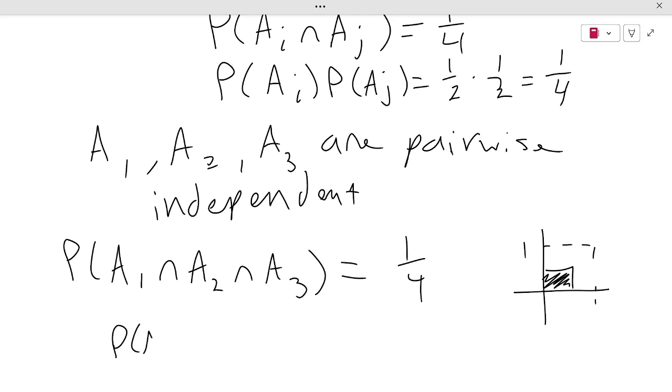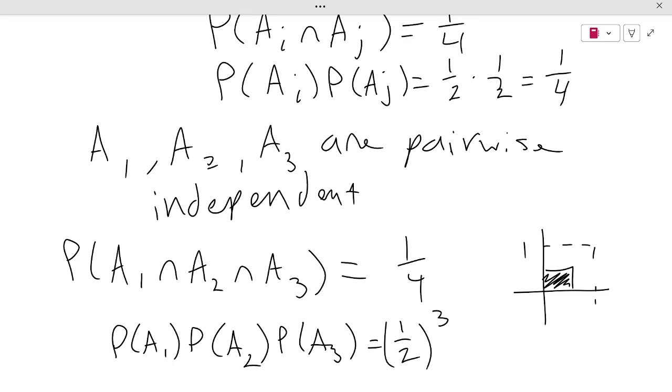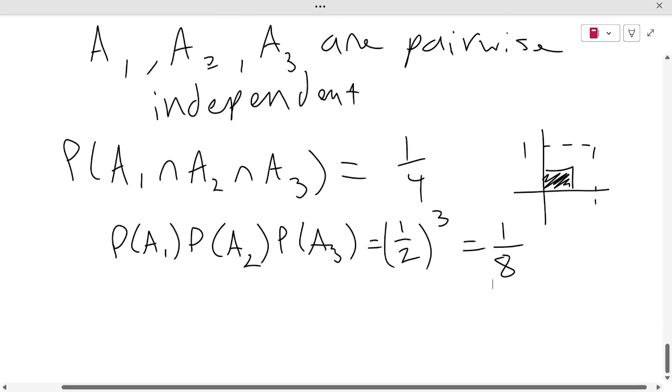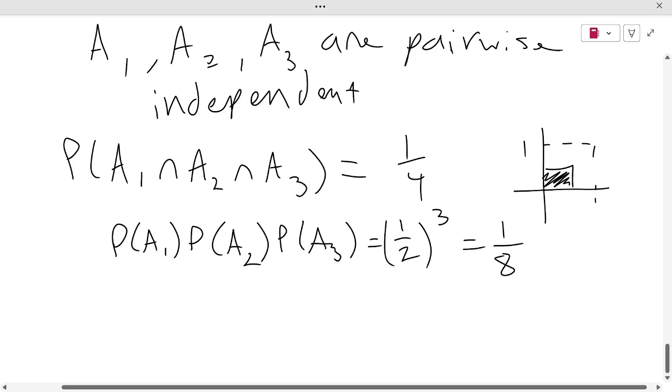But if we take the probability of each individual event, that's 1/2 cubed, which is 1/8. And since these are not equal to each other, we can't say the events are independent. They're pairwise independent, but not independent.